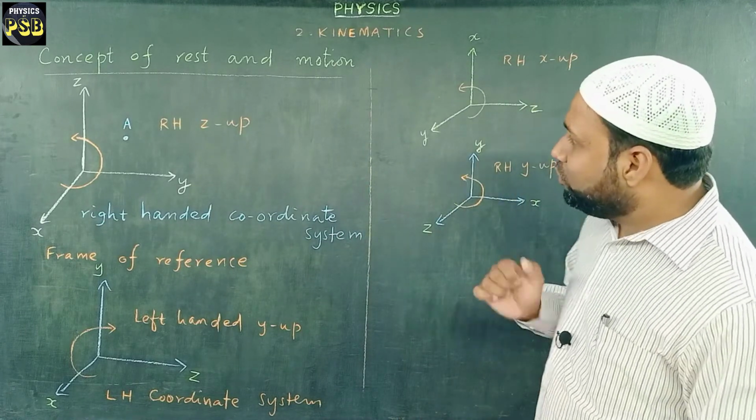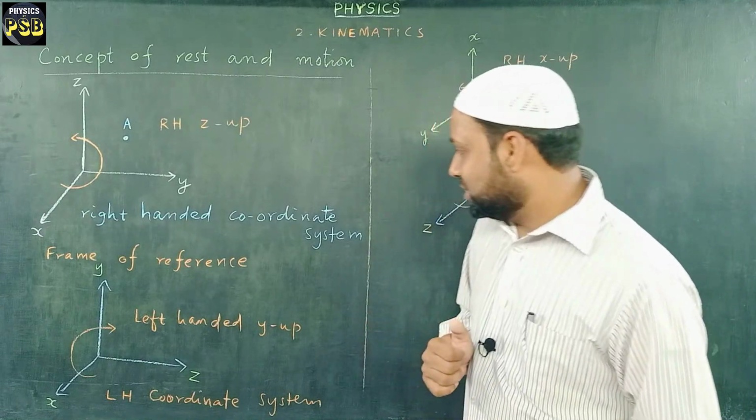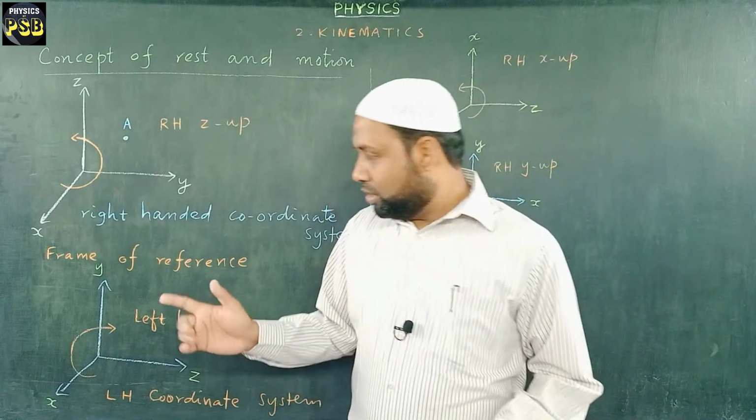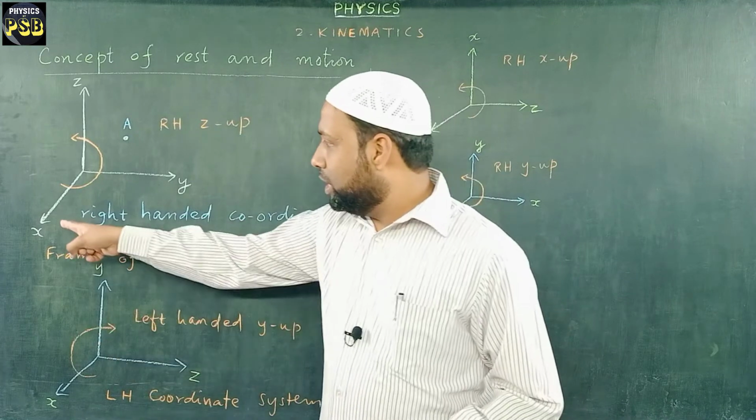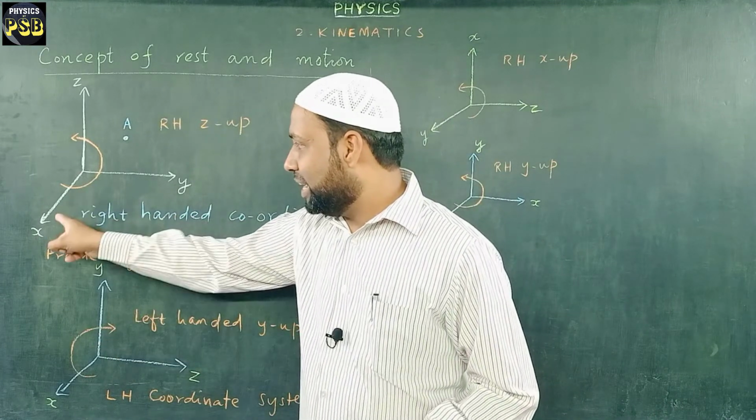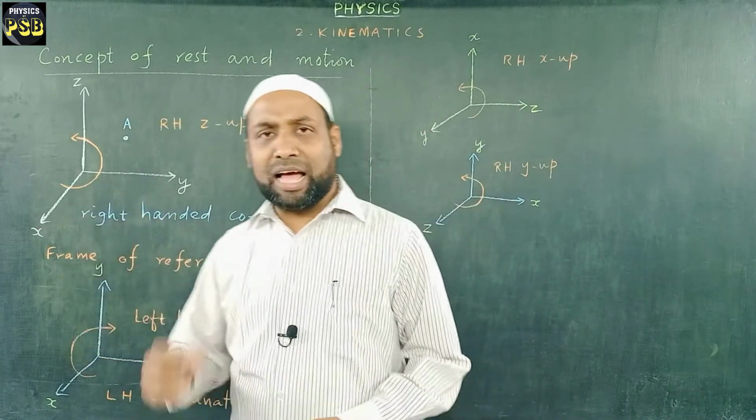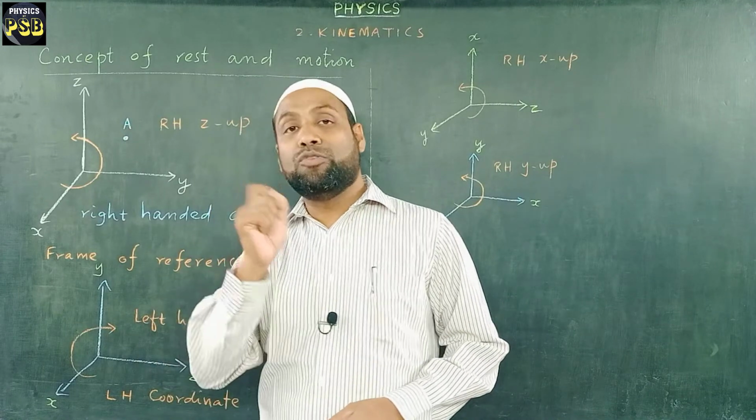And why do we call this one the right-handed coordinate system? Let me explain this to you. Just now I told you, this inclined line actually represents a line which is projecting outward.